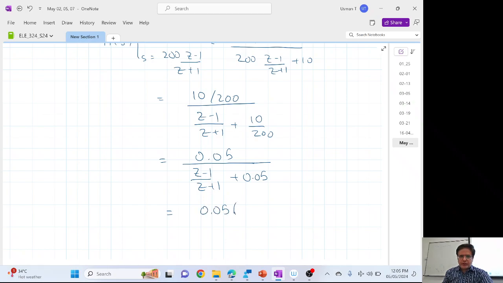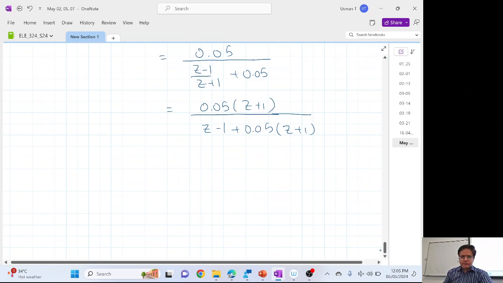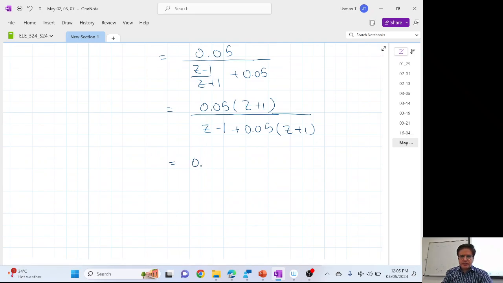It's going to be 0.05 times (z plus 1) over (z minus 1) plus 0.05 (z plus 1). And this is just 0.05 z plus 0.05 over z minus 1 plus 0.05 z plus 0.05.